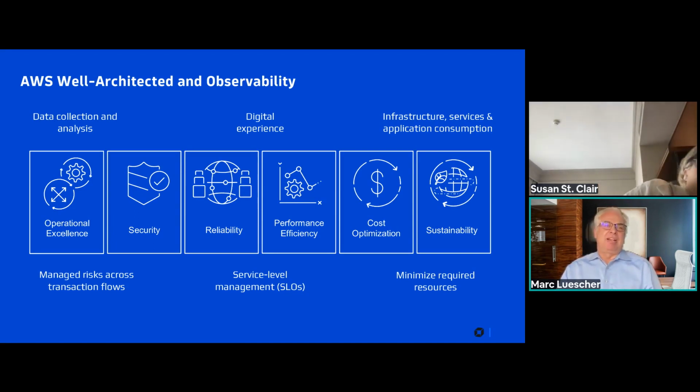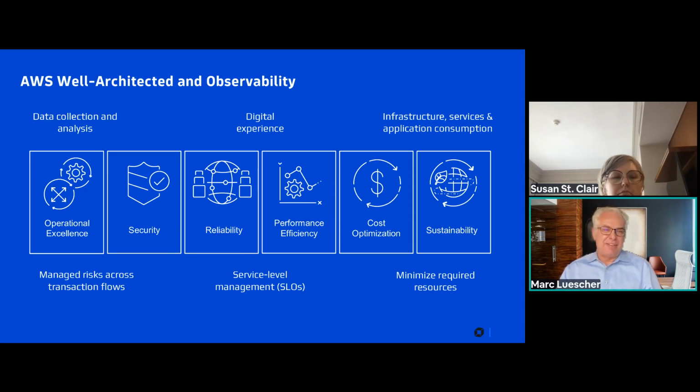So let's talk a little bit about the AWS Well-Architected Framework and how that ties to observability. What we have learned from our customers is that customers ask us for some guidelines, some best practices, because they want to be able to assess whether whatever they are doing is how AWS would do it.